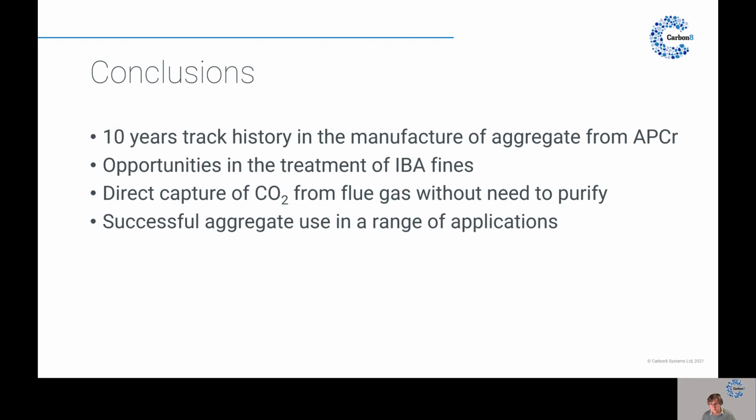You can use an aggregation process to convert the fines into a coarser aggregate. We can directly capture the CO2 from the flue gas without need to purify it, and none of the expense of having to transport the CO2. And we can successfully use the aggregate in a range of different low carbon applications.